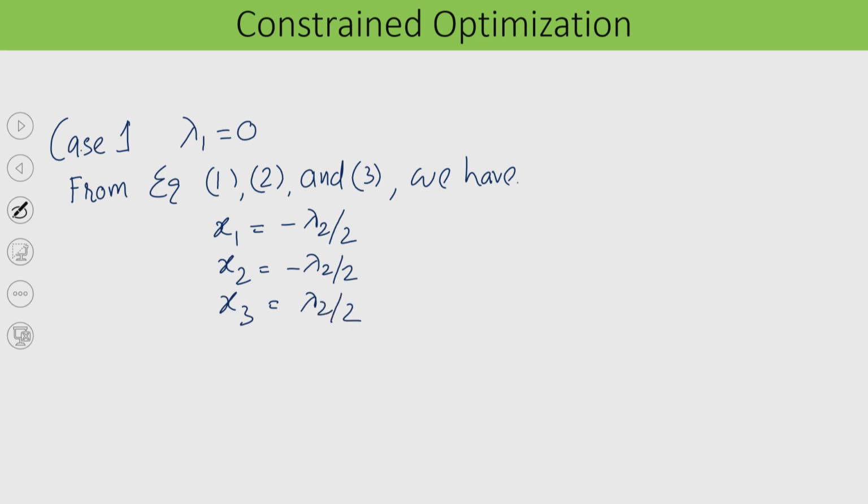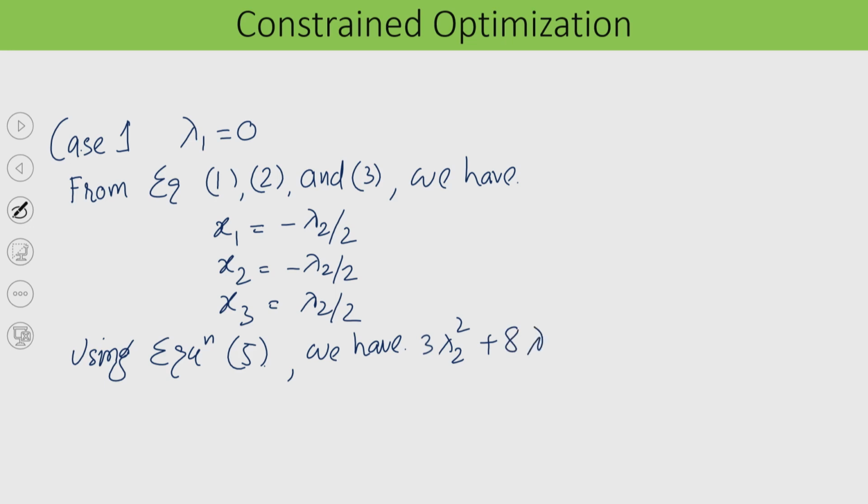Now, using equation 5, if I put these values of x 1, x 2 and x 3 in equation 5, I get that lambda 2 square plus 8 lambda 2 equal to 0, and if I solve it, I get lambda 2 equal to 0 or minus 8 by 3.